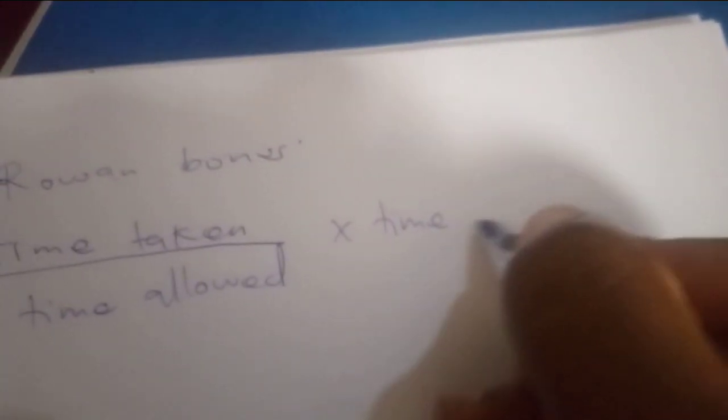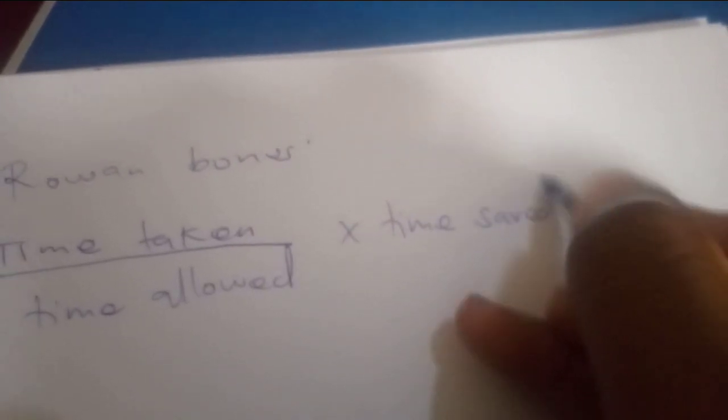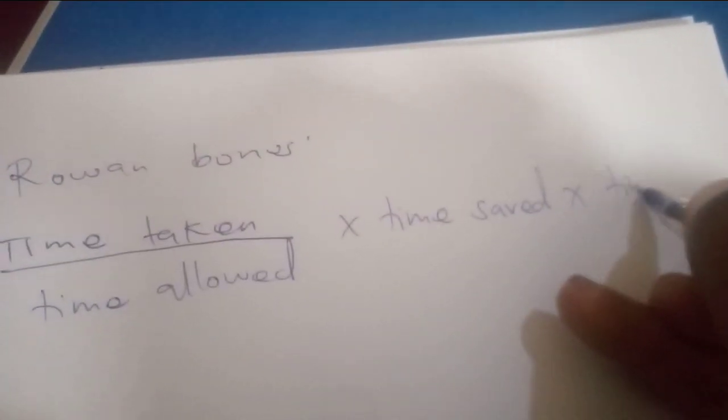Then for the Rowan bonus, we use the time taken divided by the time that is allowed, then times the time saved times the time rate.